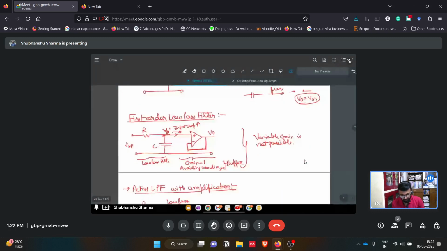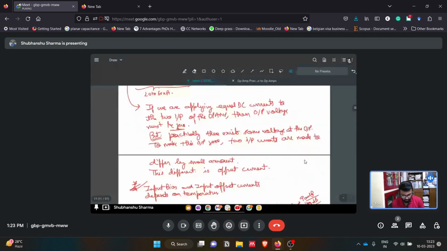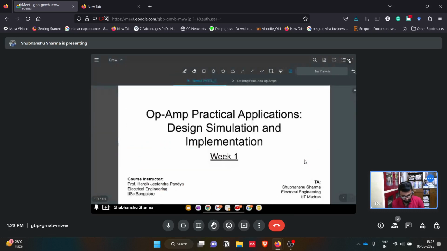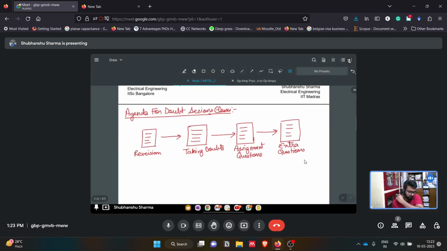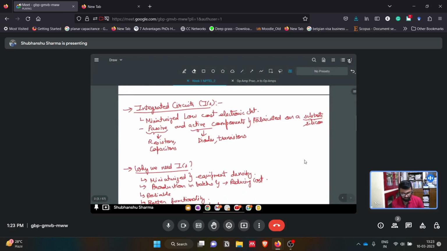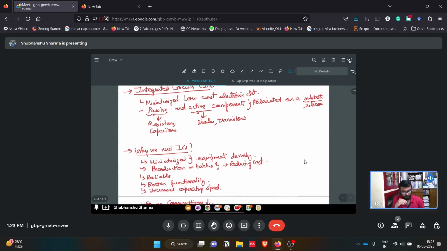So let's see what we all discussed in today's lecture. We talked about integrated circuits. They are miniaturized low cost electronic circuits made of passive and active components. Active can be diodes, transistors. Passives can be resistors and capacitors, and they are fabricated mostly on a silicon substrate.